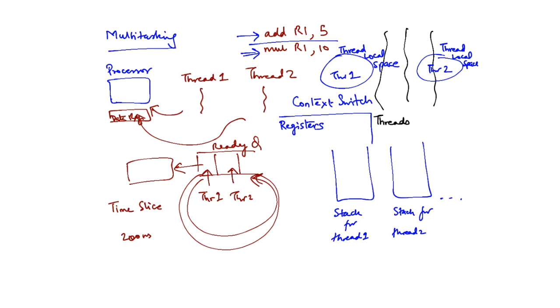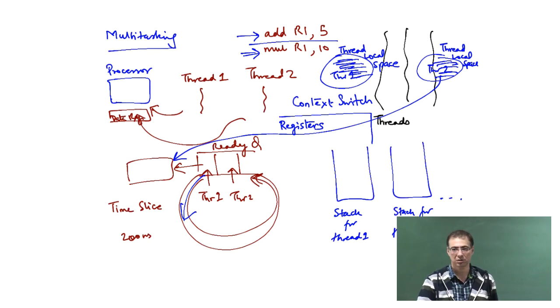So now what happens is that when thread 1 is getting scheduled out, at that time all the registers will be copied into the local space of the thread. This is in the memory. So you're copying the value from the registers to some memory location. And then let's say thread 2 is getting scheduled in, it's going to pick up all the registers for thread 2 and put them into the actual hardware registers.